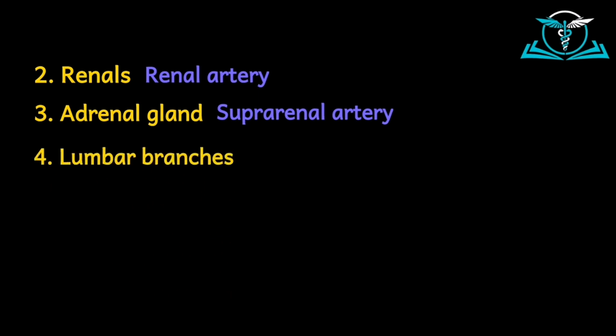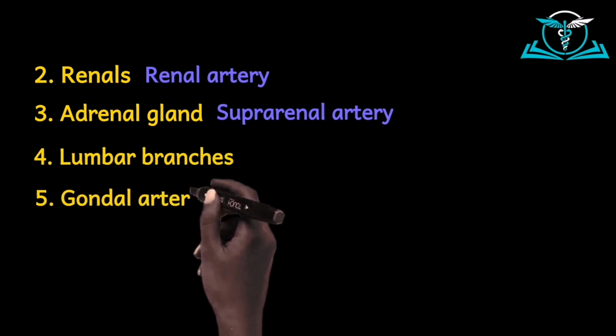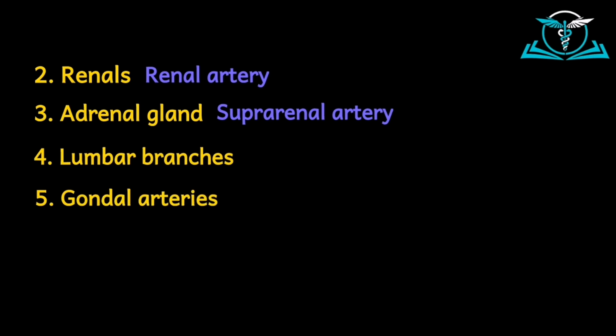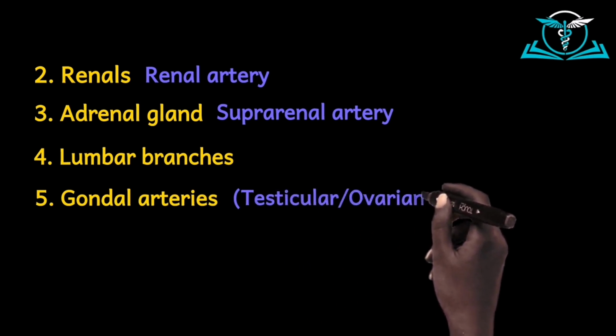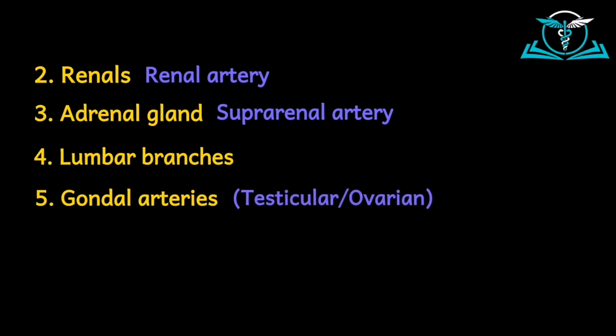The lumbar branches feed the posterior abdominal wall. Then we have the gonadal arteries, the arteries which supply the gonads. So if it's a male, we are dealing with the testicular artery, and if it's a female, we are dealing with the ovarian artery. And so these are the few branches of the abdominal aorta. And so the rest of the structures are found in the pelvis, like the uterus, the female uterus.